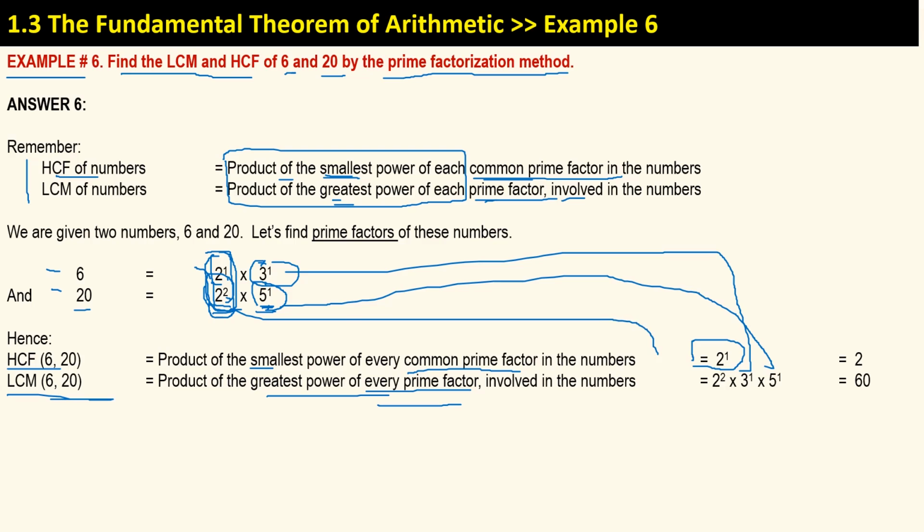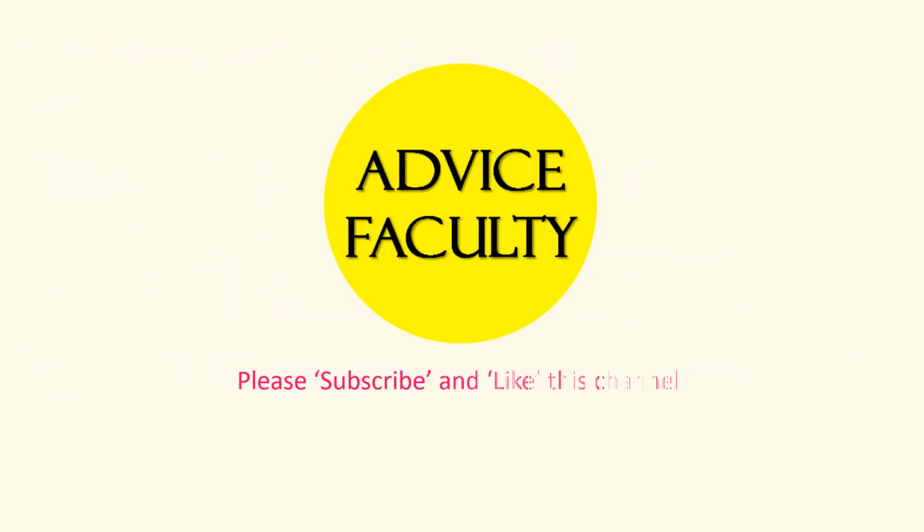So let's take 2 raised to power 2 here, and hence the LCM of 6 and 20 is equal to 2 raised to power 2 multiplied by 3 raised to power 1 multiplied by 5 raised to power 1, which is equal to 60. Hence our answer is 2 and 60, where 2 is the HCF of the numbers and the LCM is 60.